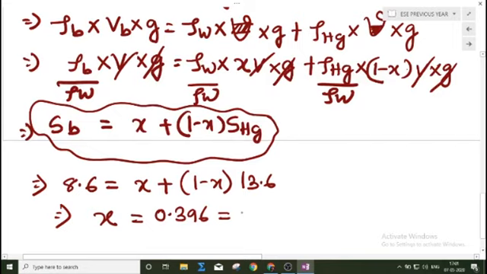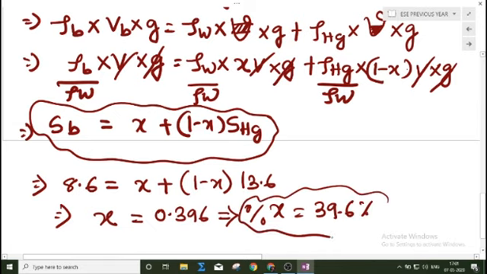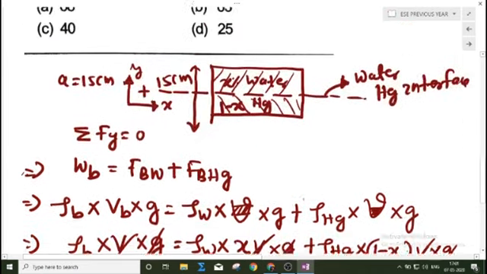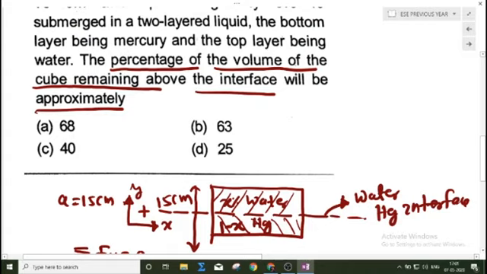Converting into percentage, that is 39.6 percent of the cube which has been submerged inside the water. So which one is correct? The exact answer is 39.6 percent, but approximately we can say 40 percent.